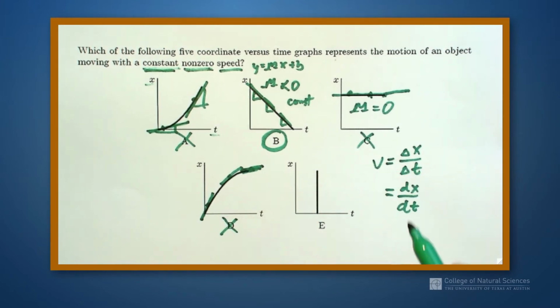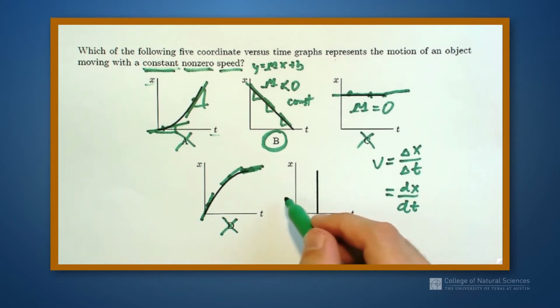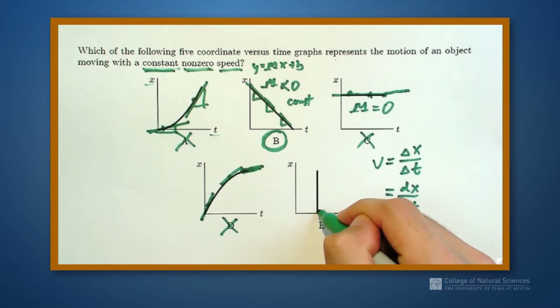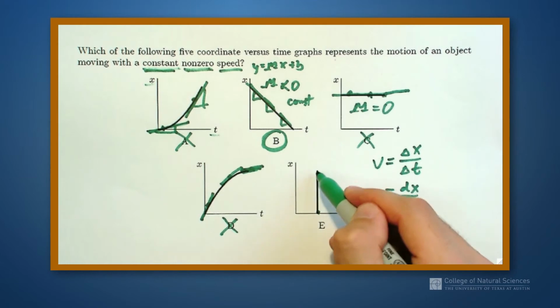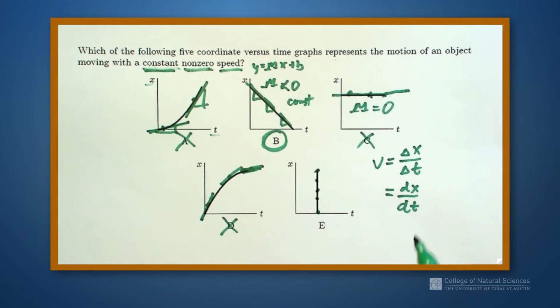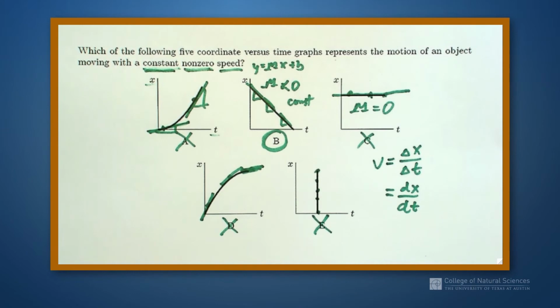And this case is actually kind of a funny case. This case says that this person, or whatever this object is, at the time that it's labeled, actually exists at all of these different positions. So it exists at an infinite number of positions for one given time. So this is not even a real case that can happen.